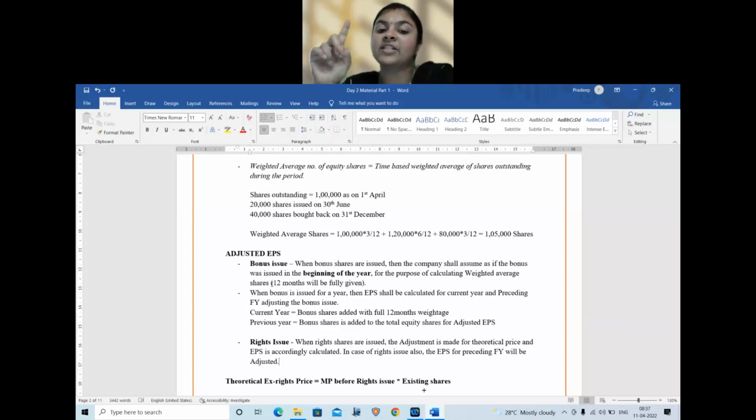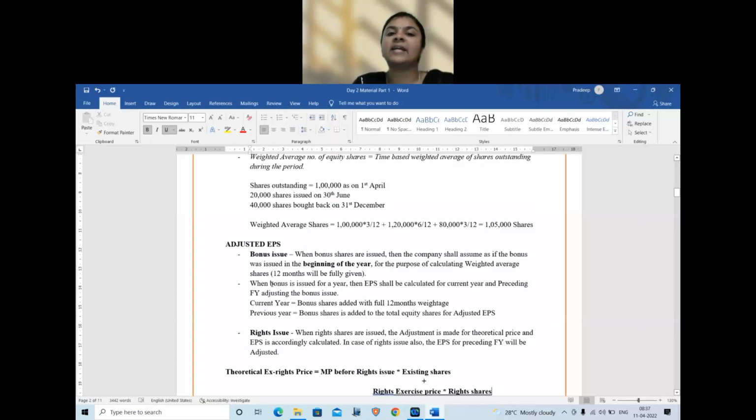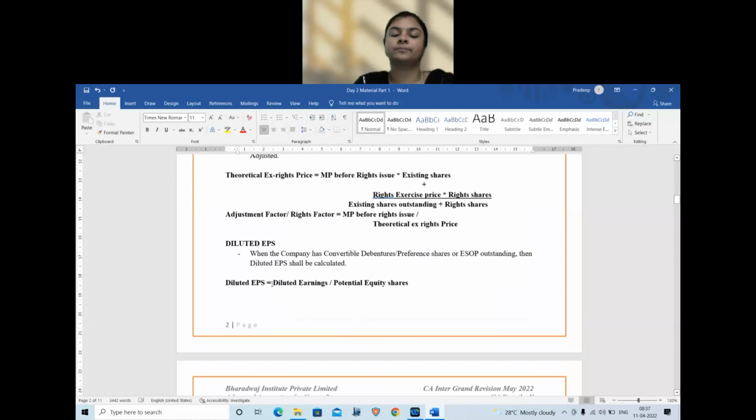The adjustment will be made in the current year, and adjustment will also be calculated for the previous year. So both in case of bonus and rights, current year value will be changing, previous year value will also be changing.